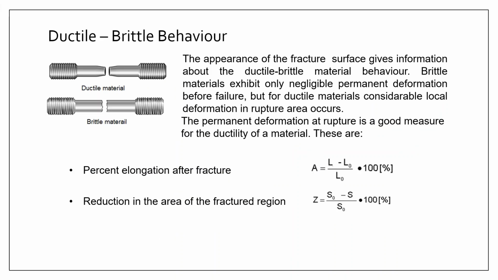In a tensile test, the appearance of the fracture surface also gives information about the ductile or brittle behavior. In a brittle material, there is negligible permanent deformation, but for a ductile material, you will see necking and high permanent plastic deformation. So the permanent deformation at the rupture is a good measure for the ductility. So how can you quantify?